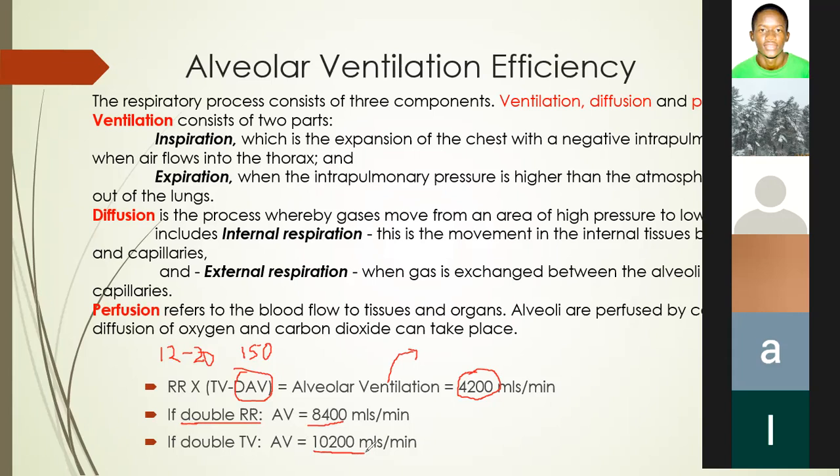So, which one would be easier? You are low in oxygenation, you want to increase alveolar efficiency. What are you going to increase? Respiratory rate or the depth? When you increase the tidal volume, it means you are increasing the depth of breathing. You are taking in more air. This is what happens when you yawn.